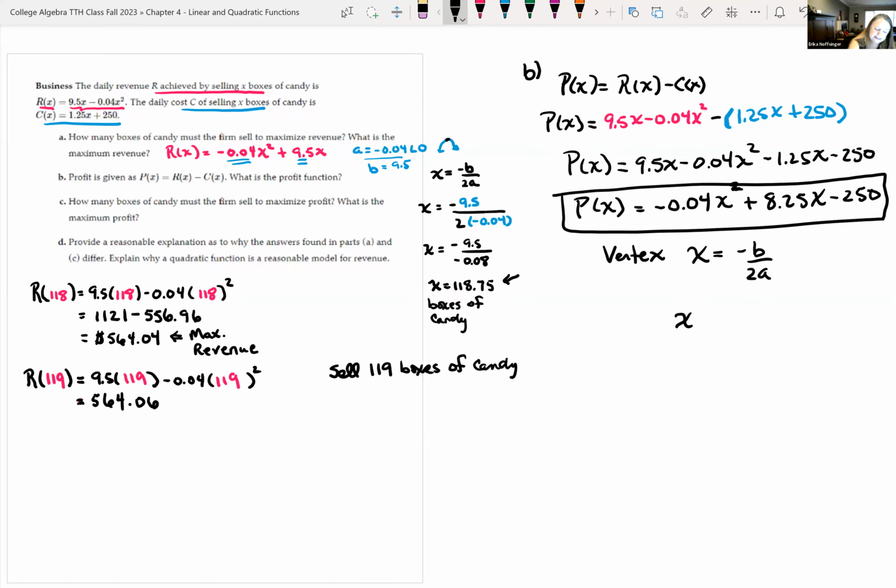So I'm looking at x is equal to negative b, so negative 8.25, all over 2 times a, which was negative 0.04.